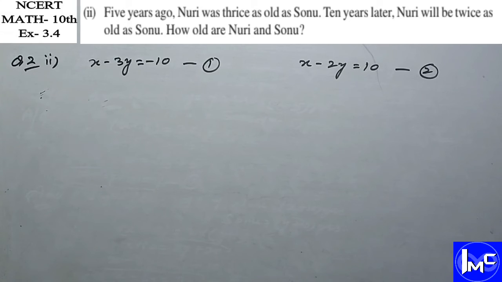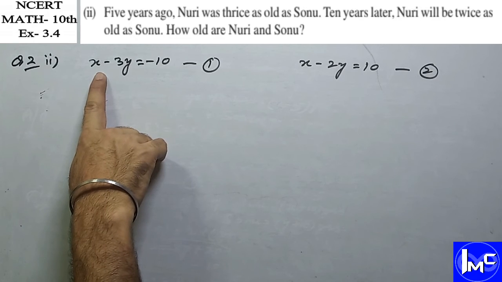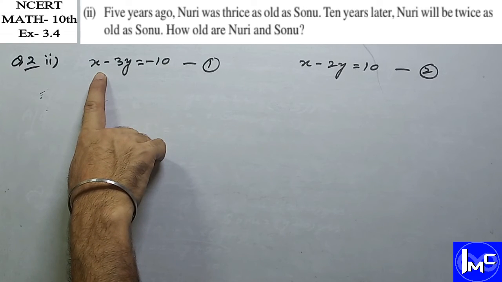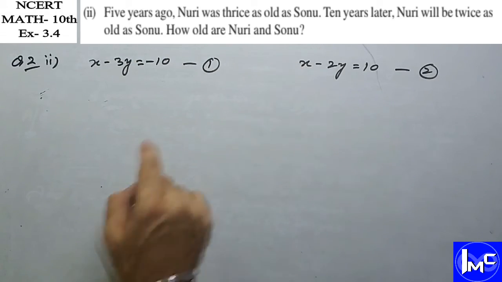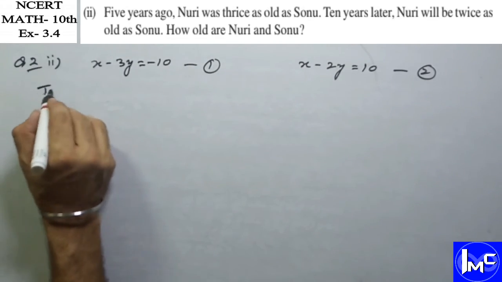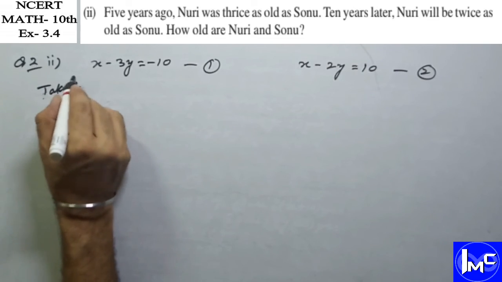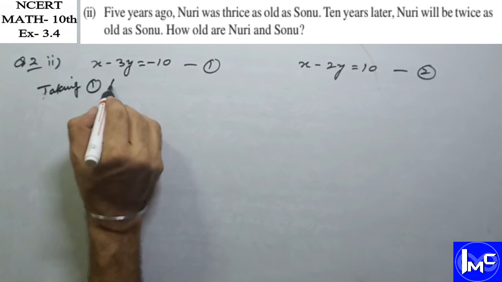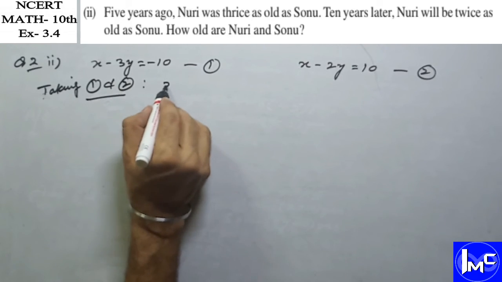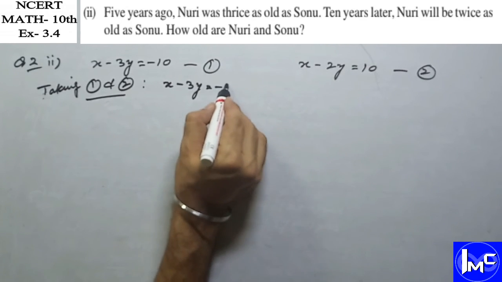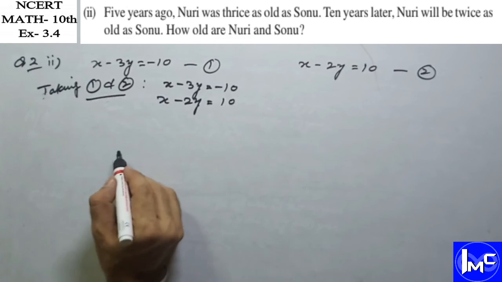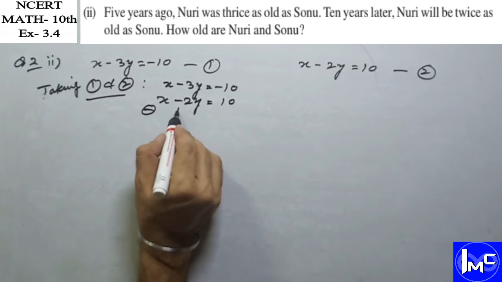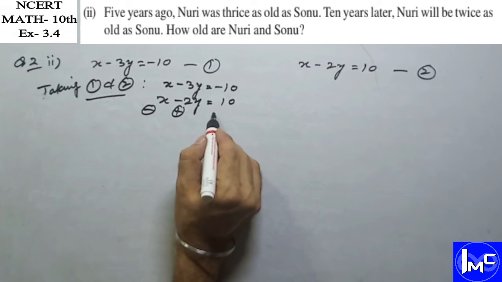Now we will solve these equations, and again there is no need to multiply these equations with the coefficient of each other, because the coefficients of x are already equal. So we will take these equations 1 and 2 and subtract them. x minus 3y is equal to minus 10, and x minus 2y is equal to 10, and the signs change: minus from plus and plus from minus.